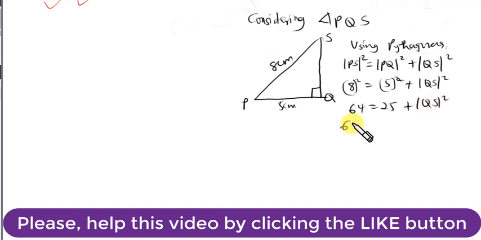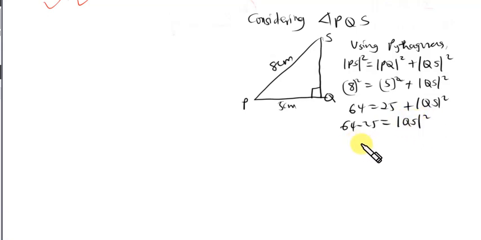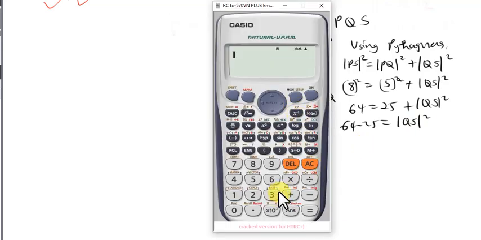So we have 64 minus 25 equal to the length QS squared. Then we take the square root straight ahead so that we move at a faster rate. So 64 minus 25, and then we have 39. So we take the square root of 39. Then that is what we have, 6.244 or 6.245.